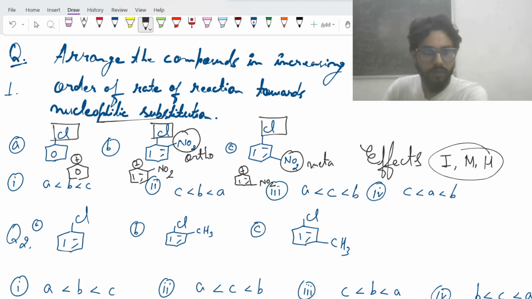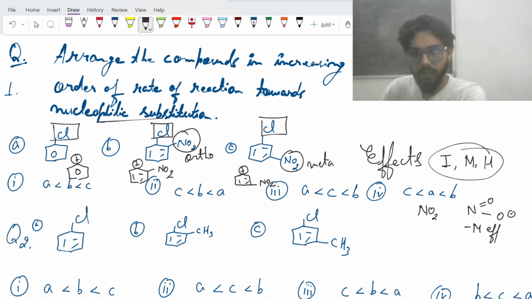Now let's see the nitro group. This nitro group can also be written like this, with a double bond and O negative. So the nitro group always acts with a minus M effect. Minus M effect means negative mesomeric effect.